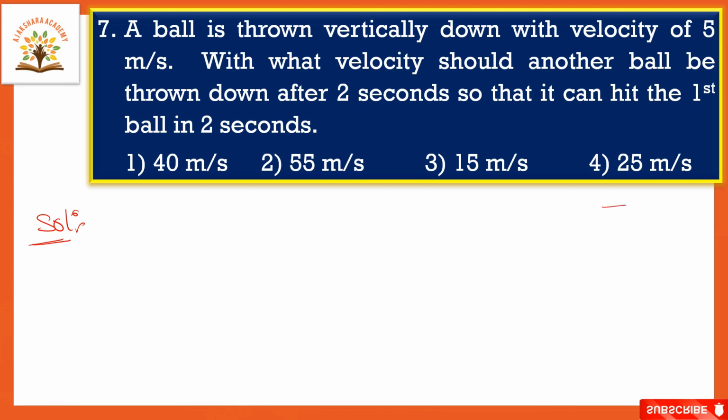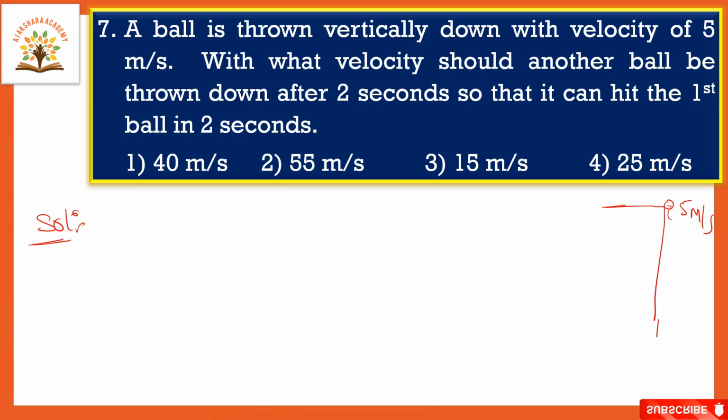This is the ball being thrown, first with velocity 5 meters per second. With what velocity should another ball be thrown after 2 seconds?